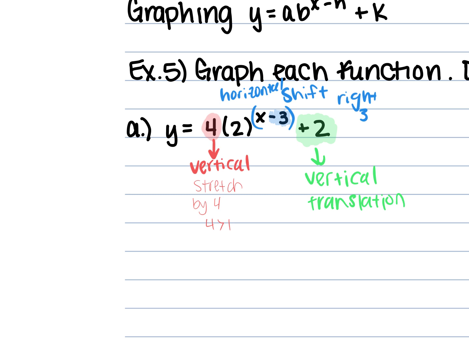Up 2. Vertical. If it's not in opposite world, it's always vertical. Think about it like this: if it's not next to your x, it's going to be vertical. Okay?